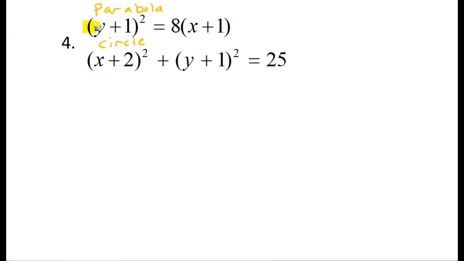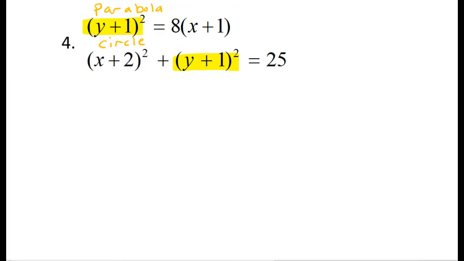So in this case, it's jumping out at me that we have this y plus 1 squared, and then we have another y plus 1 squared here. Because those are the same, I can do a substitution, and it won't be that bad. So let's give that a try.